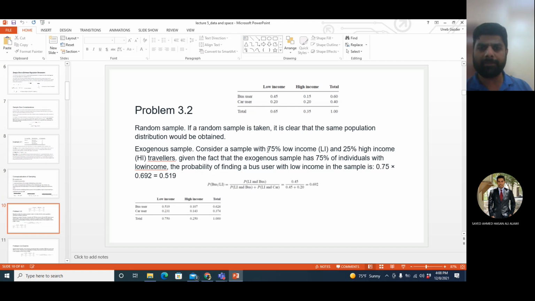But if you are taking samples, for example, 75% low income, 25% high income, this is stratified sampling. And then what will be the probability of choice for bus or car depending upon low income and high income group proportion in the sample.